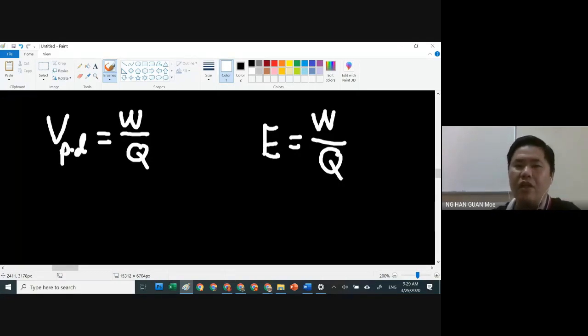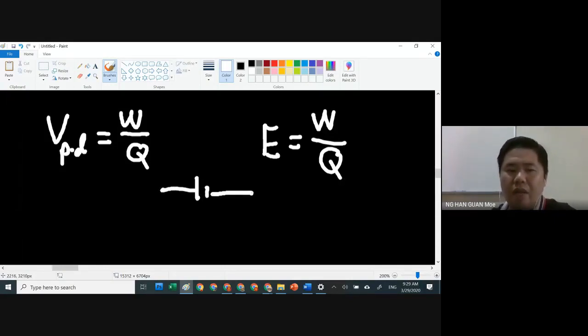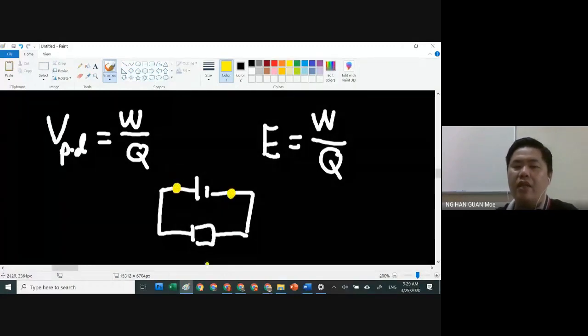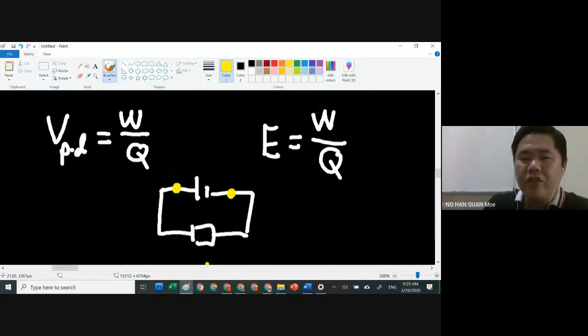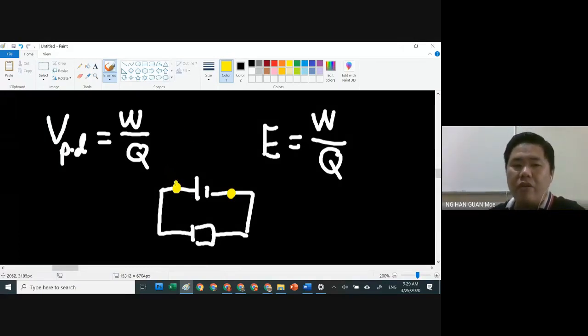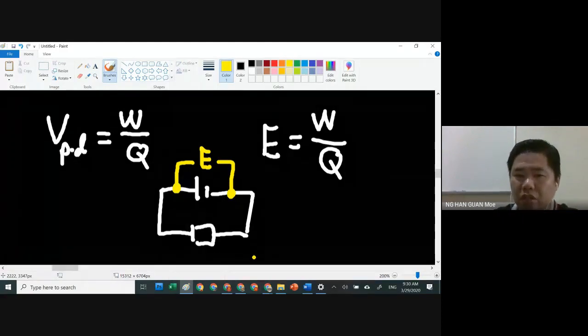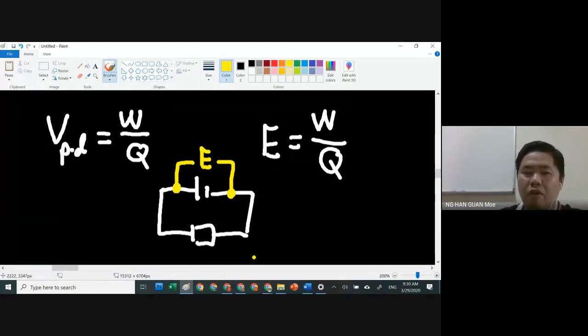Right? So that's why in ideal conditions, for a battery, when we're talking about across these 2 points, in ideal condition we assume there's no internal resistance. In ideal condition, across these 2 points, what you measure is the EMF. So it measures the energy provided by the battery source for every one coulomb of charge.